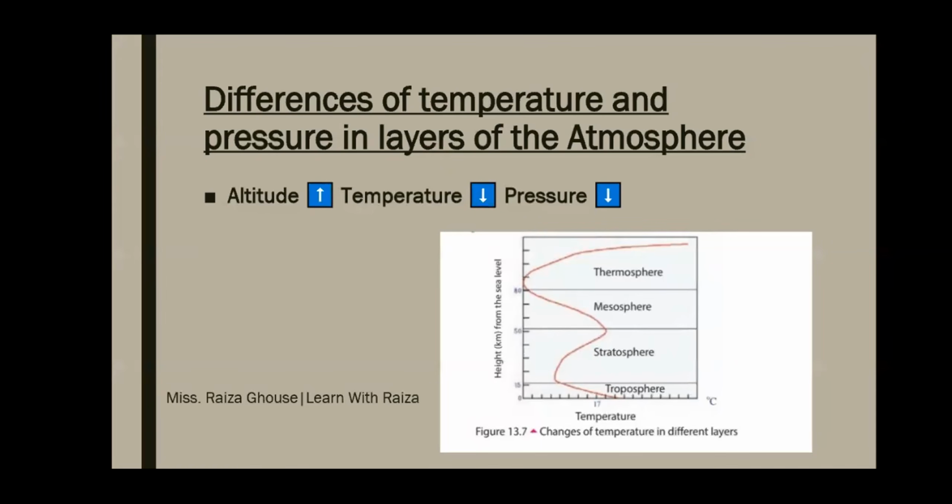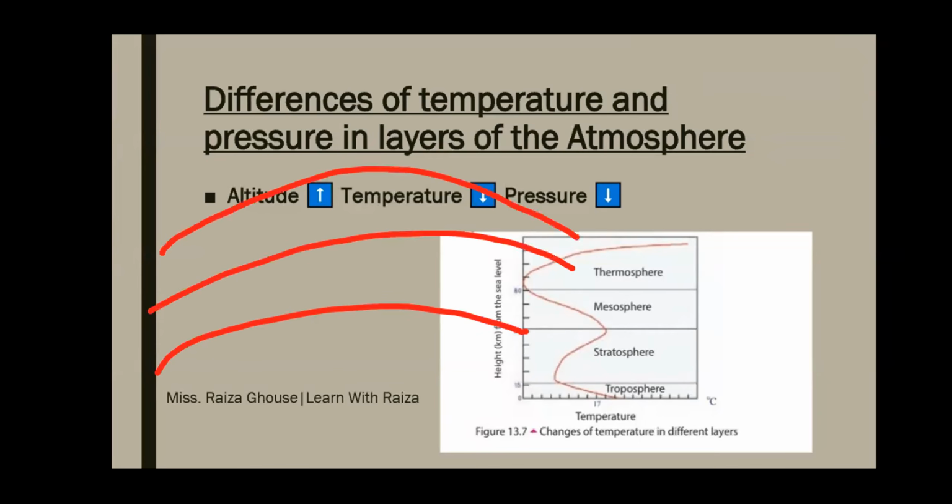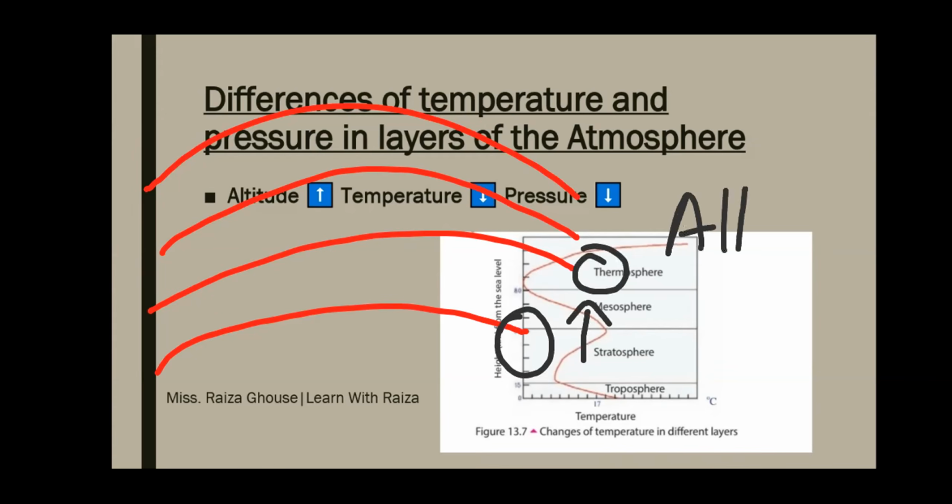When I draw and show you: troposphere, stratosphere, mesosphere and thermosphere, let's say. You are staying here in this part. When you go high to this layer, you are going high, meaning altitude increases.